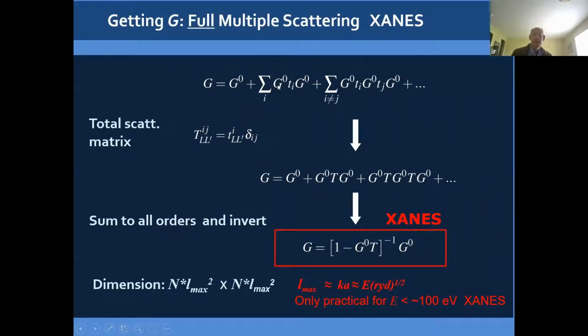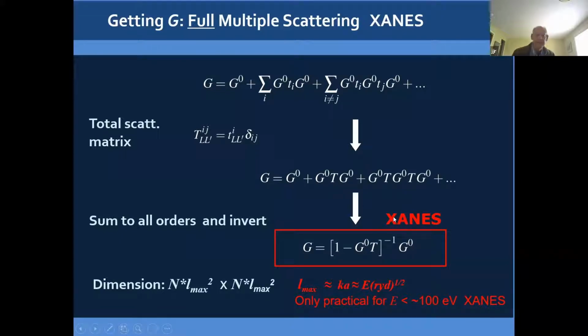This one starts at the atom, goes to a neighbor, is reflected, and goes back with another Green's function, and so on. And by summing all these up, it turns out that it looks very much like a geometrical series, and you can just calculate the matrix inverse of the bare Green's function and calculate this.